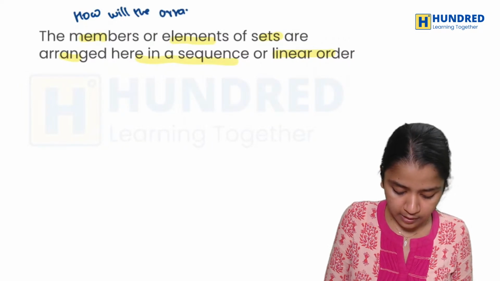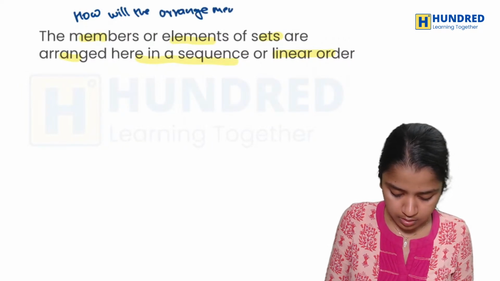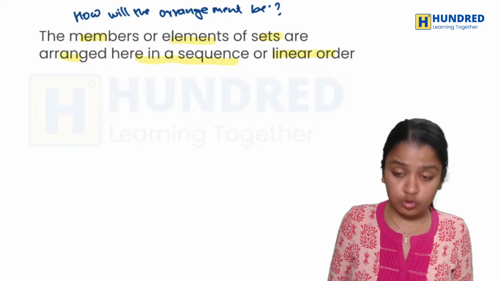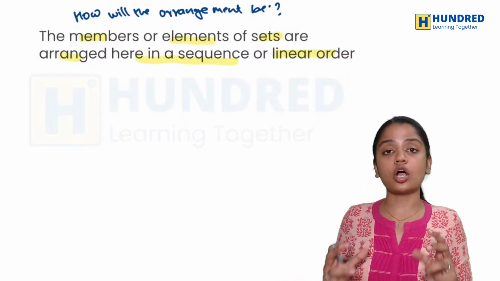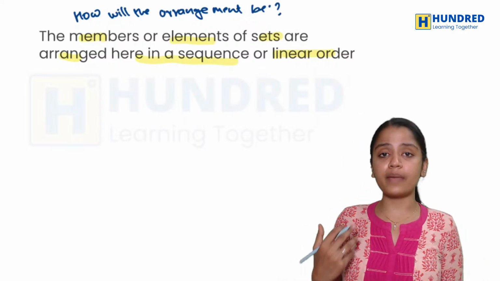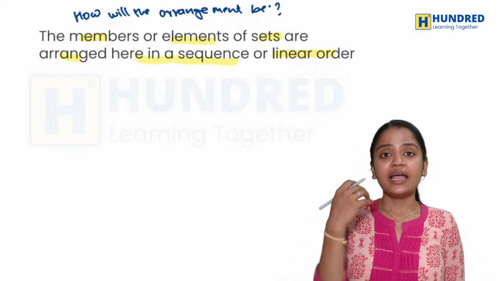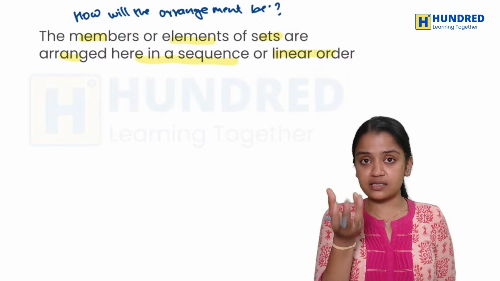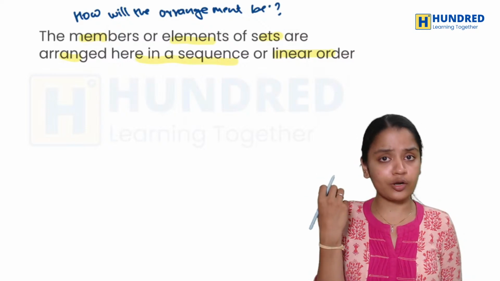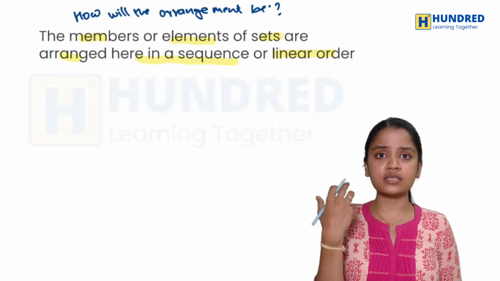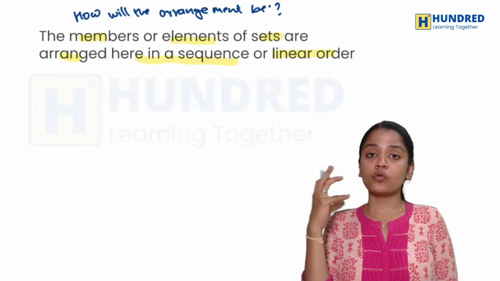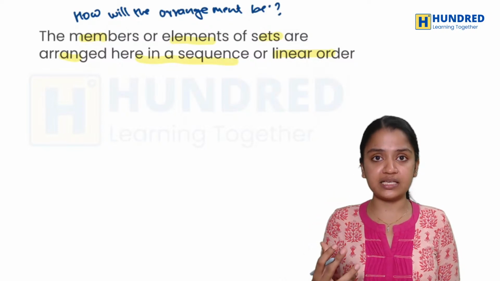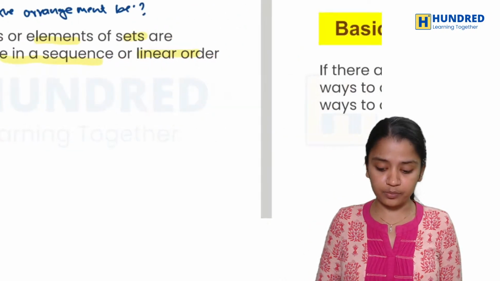Now let's talk about the members. Generally they are objects, which can be a car, flowers, balls, boxes, or even numbers at times. Arrangement of these things is permutation.